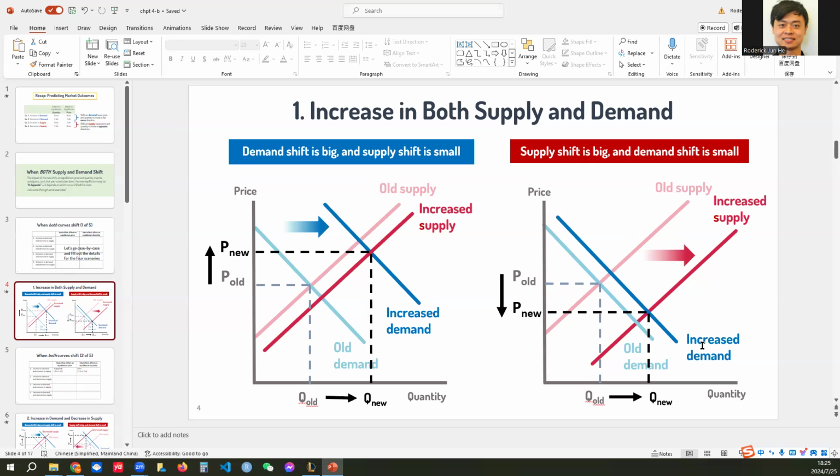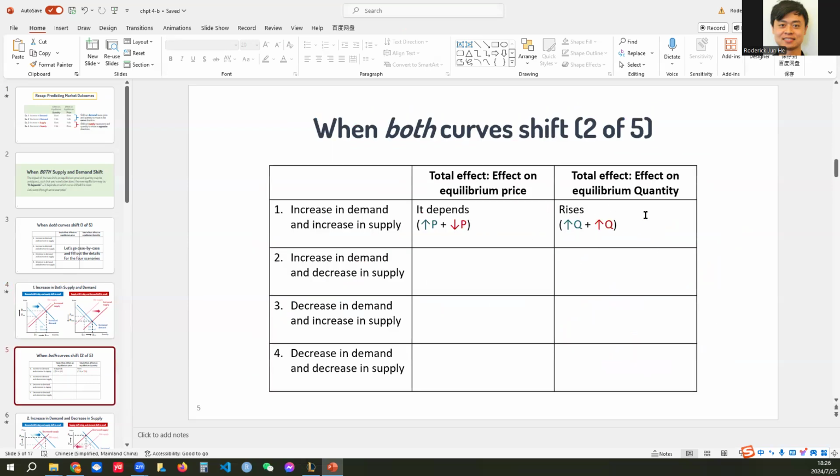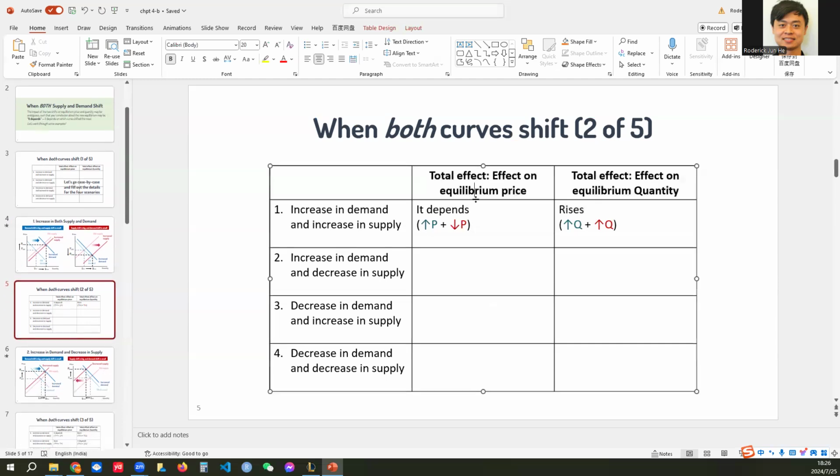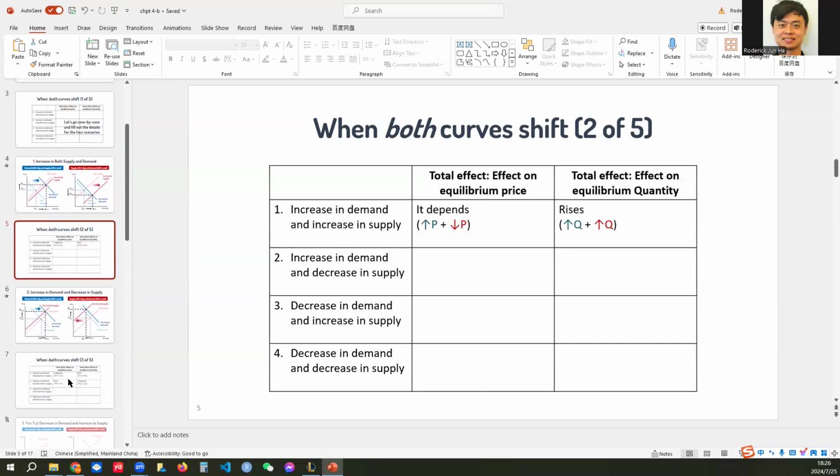Increased demand causes the price to increase. Increase in supply causes the price to decrease, but here supply is of a greater magnitude. So the price decrease will dominate. So here, listing things out will definitely help, and we focus on one thing at a time.